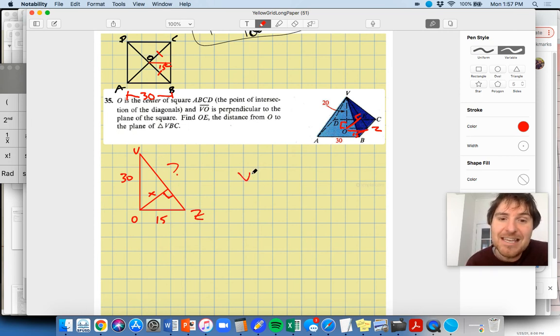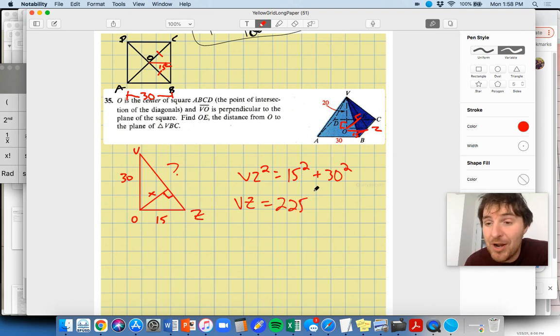So VZ squared is going to equal 15 squared plus 30 squared. Okay, and then VZ, because I'm using the Pythagorean theorem, right? There's the Pythagorean theorem. 15 squared is 225. Again, it's helpful to memorize perfect squares. 30 times 30, you can just do that in your head, right? 3 times 3 is 9, and then you have 2 zeros on top of that, so this would be plus 900. That's VZ squared.